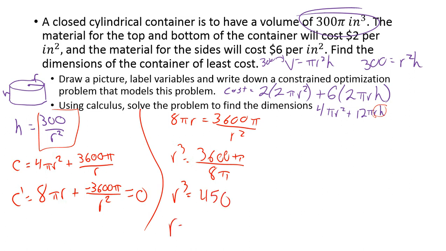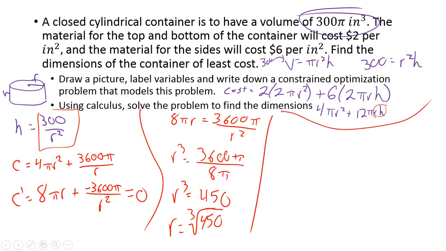Which means that r is equal to the cube root of 450. Okay, so we found our r, which is part of it.